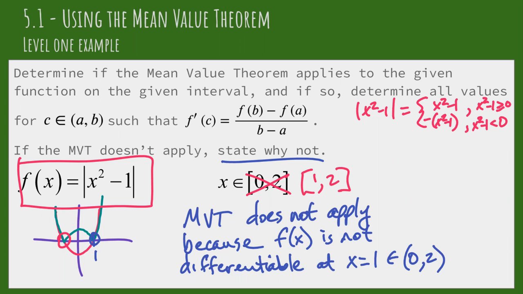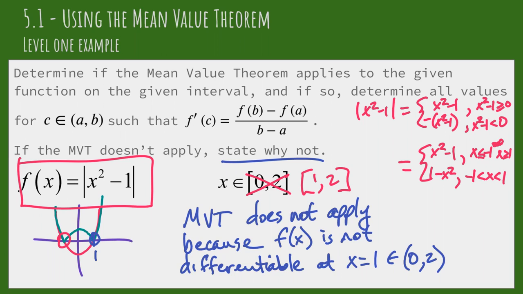And so what we can do here is rewrite these inequalities. So this is going to equal x squared minus 1 for values of x less than or equal to negative 1, or x greater than or equal to positive 1. And then it's going to equal 1 minus x squared for values between negative 1 and positive 1.